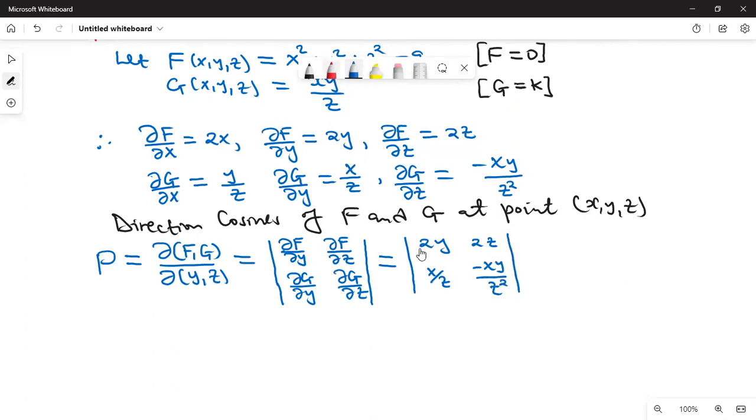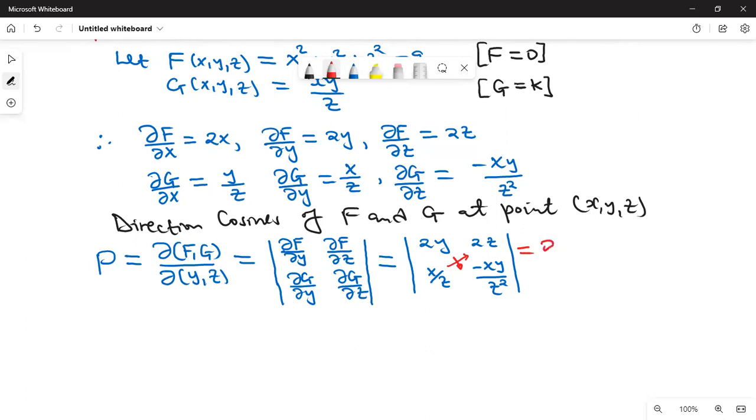So when you multiply the leading diagonal, then subtract the product of the minor diagonal, we start with 2y times negative xy over z squared.